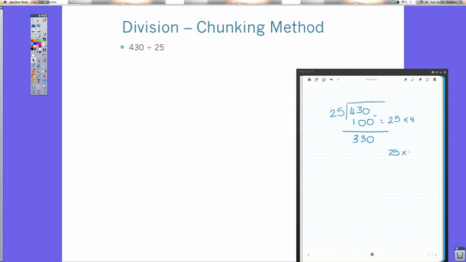If I do it by 4, I know that's 100. If I multiply it by 8, that's going to be 200. If I multiply it by 12, that's going to give me 300. So 25 times 12 gives me the 300. Okay, so now I minus it again, and I'm left with 30.